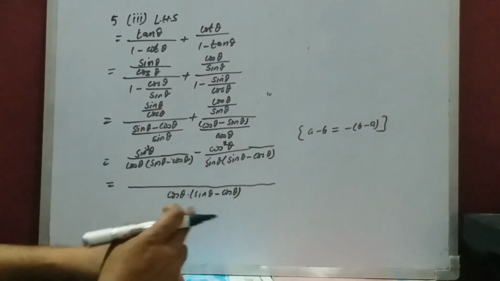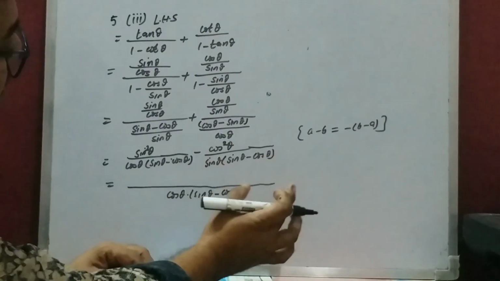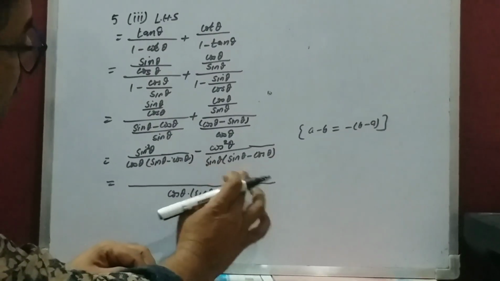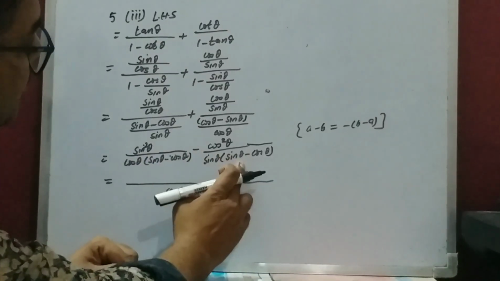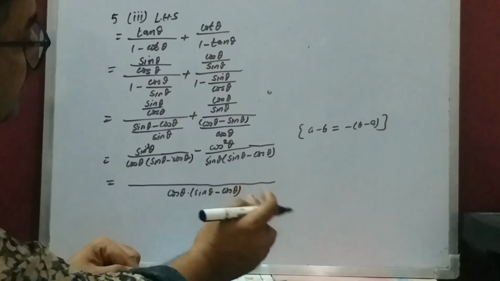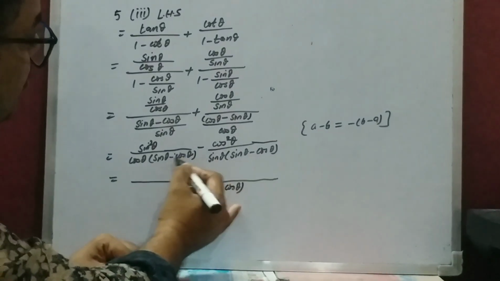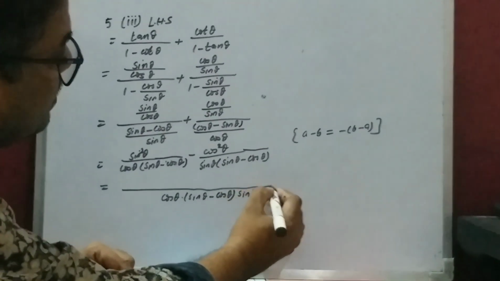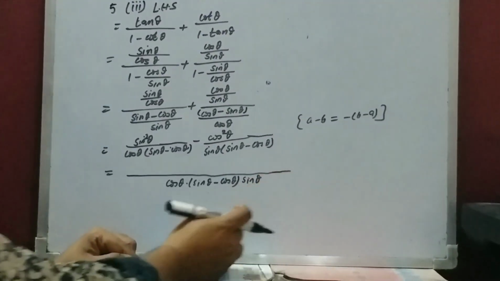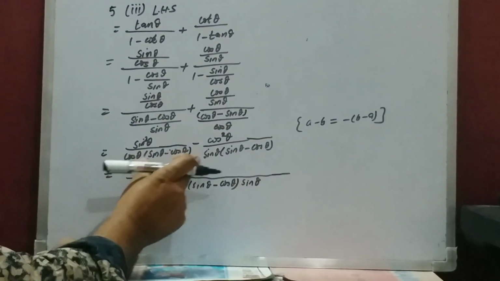And now look at this denominator, and the uncommon things from here and here will be written here. So sine theta is uncommon, so you will write here sine theta. Okay. And this is the LCM of this and this.